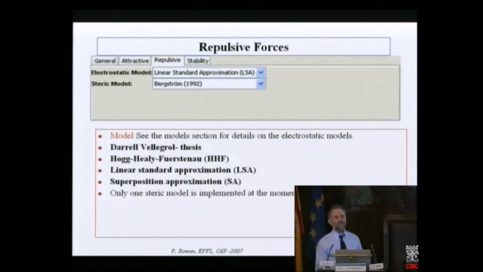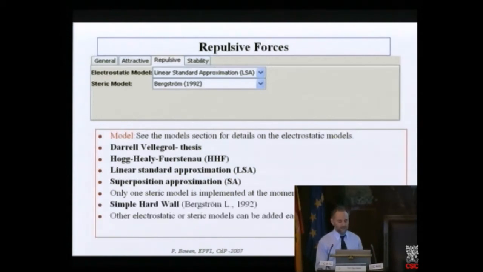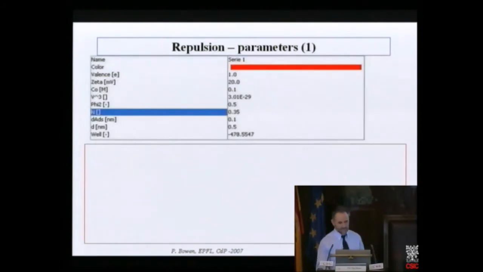So we stick to a very simple semi-hard wall approach, which for pragmatic first-time calculations is totally sufficient. It's a simple hard wall from Leonard Bergström's work. They can be easily added. Uli's done this in a modular fashion, so you can just contact him, and if you want to put something in, he'll explain how you can do it. So if you want to add a new steric model, you can do it.